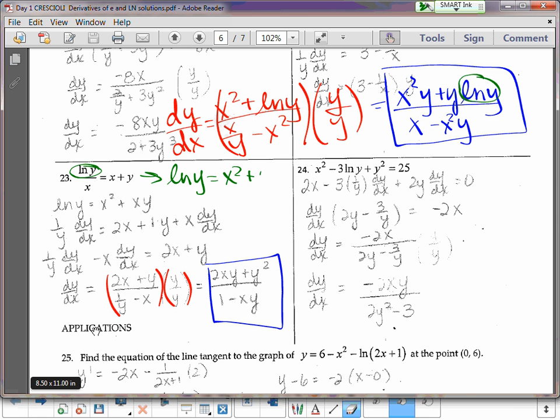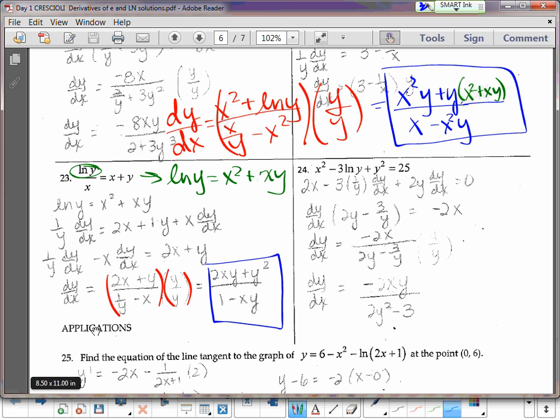Do you guys agree with that? Are we okay with that? Okay, so now I'm just going to make that substitution in here, because that's what natural log of y in this problem is defined as. So I have times x squared plus xy. And now when we go through and simplify, we'll find that it's the same thing here.